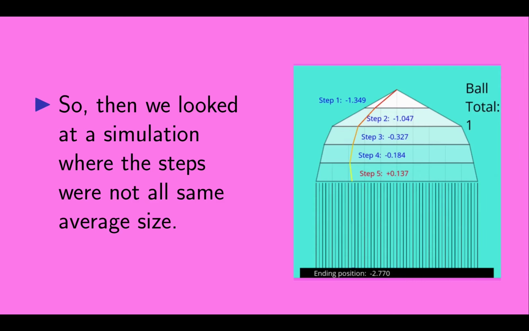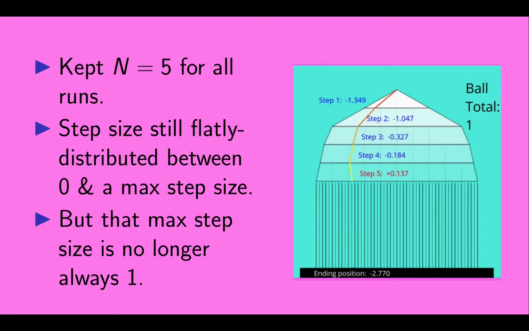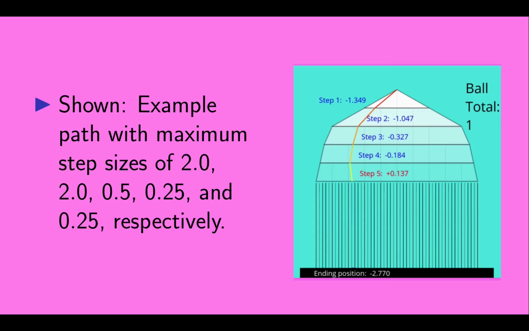So next, we looked at a simulation where the steps did not all have the same average size. This time, we always had n equals 5 steps for all runs. We still kept the step size flatly distributed between 0 and a maximum step size, but that maximum step size was no longer always 1.